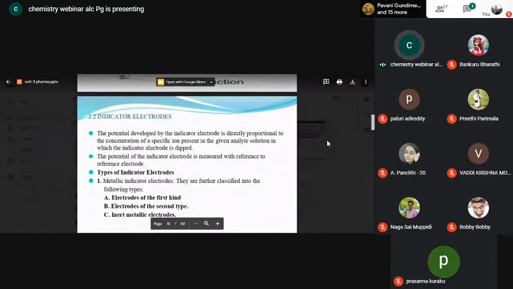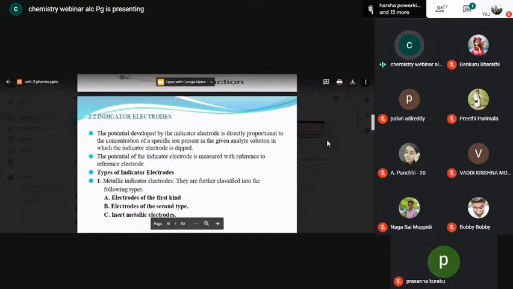Here we have to keep one point in mind: the potential developed by the copper rod functioning as the indicator electrode depends upon the concentration of its own ions present in the solution. So if you want to find out the concentration of copper ions, we have to use the copper rod.